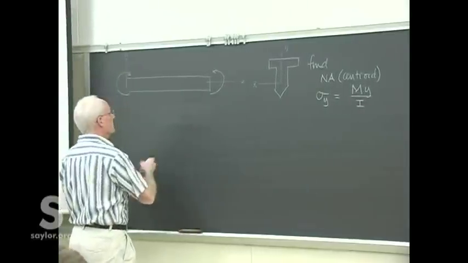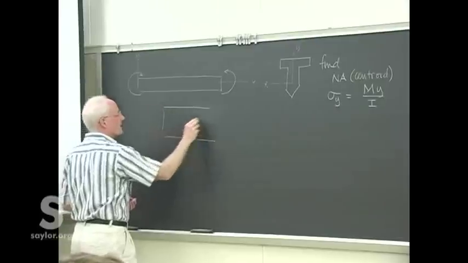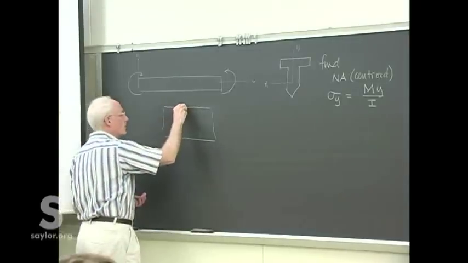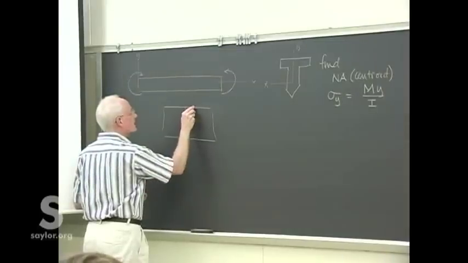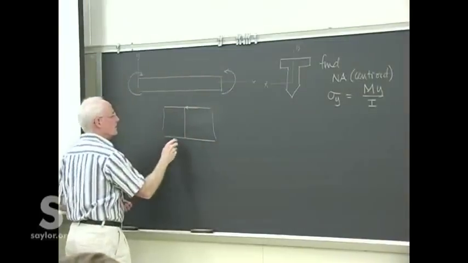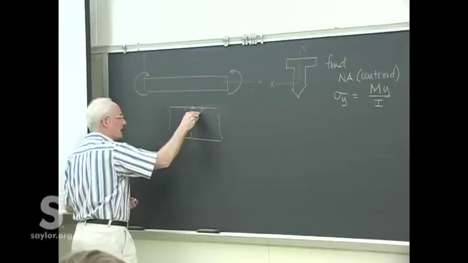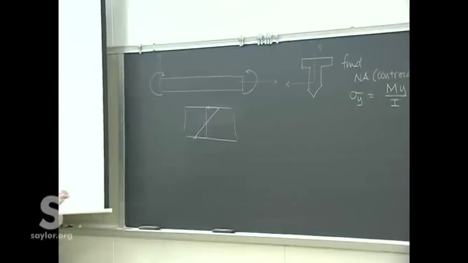And so if we look at some cross-section or some profile, some stress profile, we saw that for this kind of bending, the top is, of course, in compression, the bottom is in tension, and it was linear between the two.